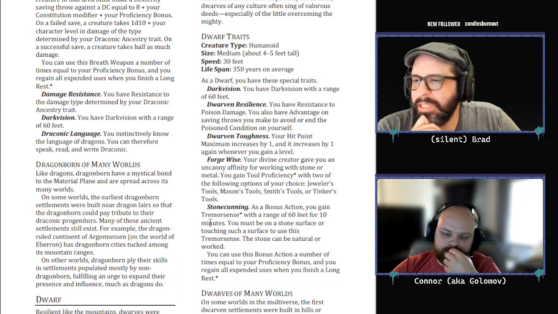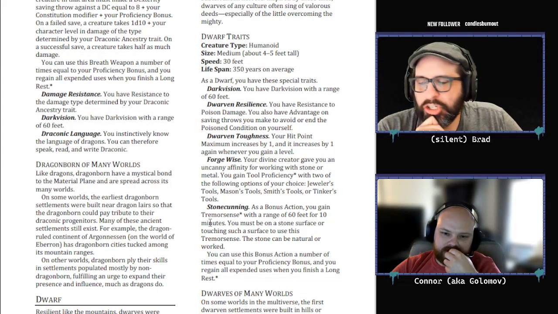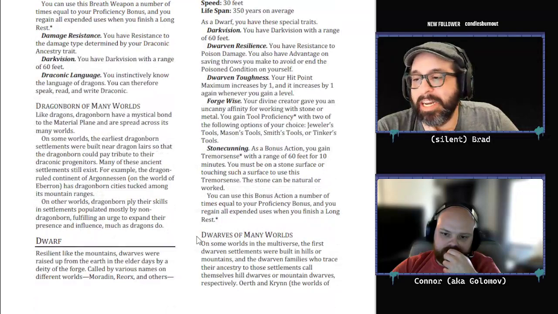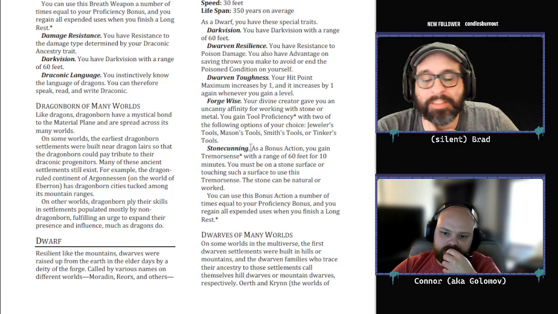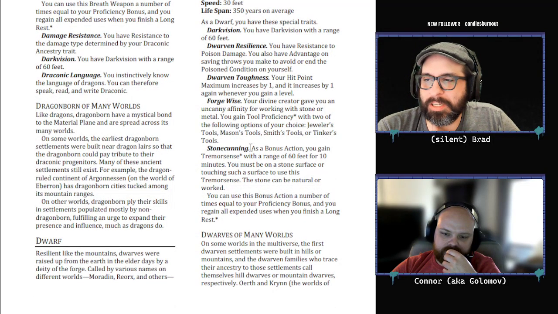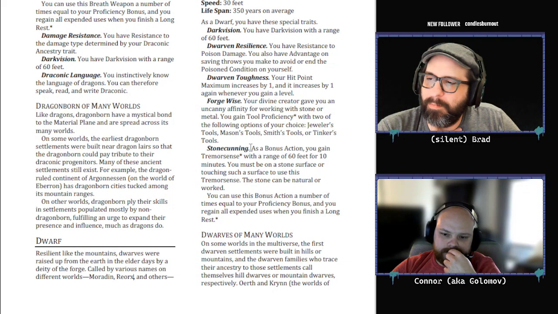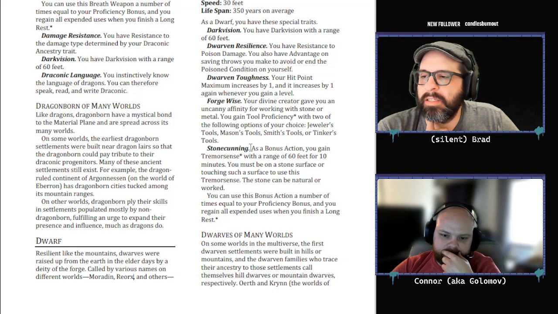Then the forge wise, like we were talking about, should be changed to just artisan's tools, not those specific ones. And then stonecunning, which I like this. As a bonus action, you gain tremorsense with a range of 60 feet for 10 minutes. Must be on a stone surface or touching such a surface to use this.